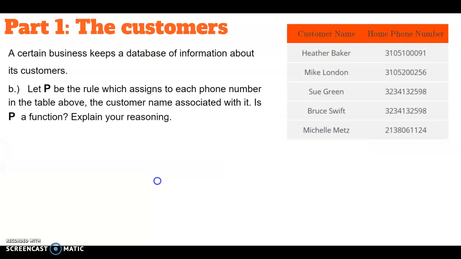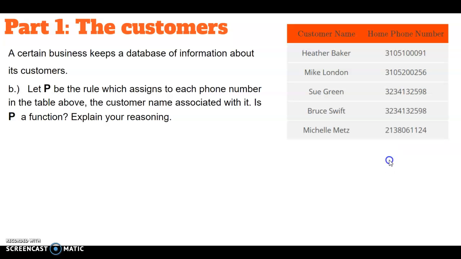Okay? So now let P be the rule. So the phone numbers, okay, which assigns to each phone number in the table below, the customer name that is associated with it. Is P a function? So now looking at our phone numbers, does each number have one person?